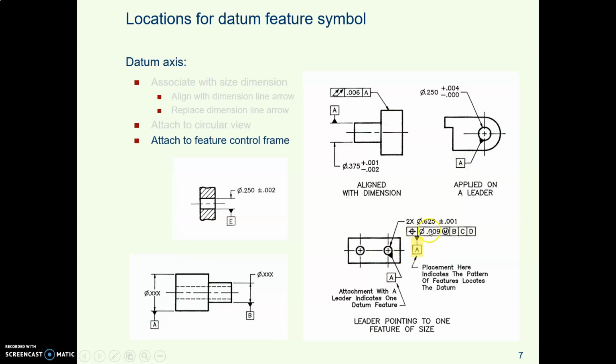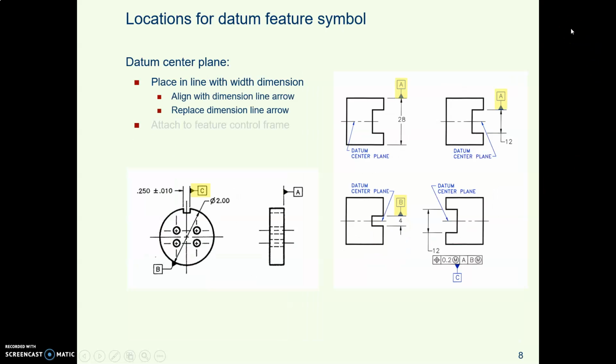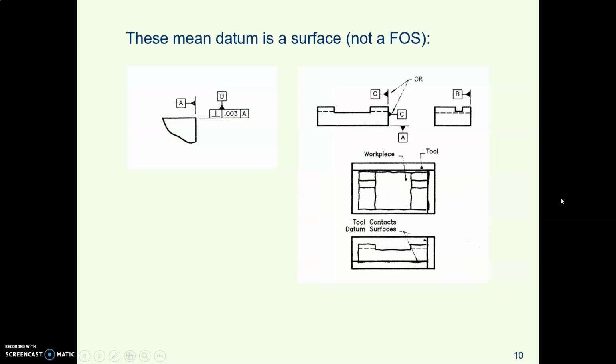And you can attach them to the feature control frame that's part of the feature of size. And then on a flat thing like a notch or a keyway, again, put the symbol directly opposite the dimension arrow, or maybe replacing the dimension arrow, and that means the feature of size, the center plane, is the datum. And you can also attach that box to the feature control frame.